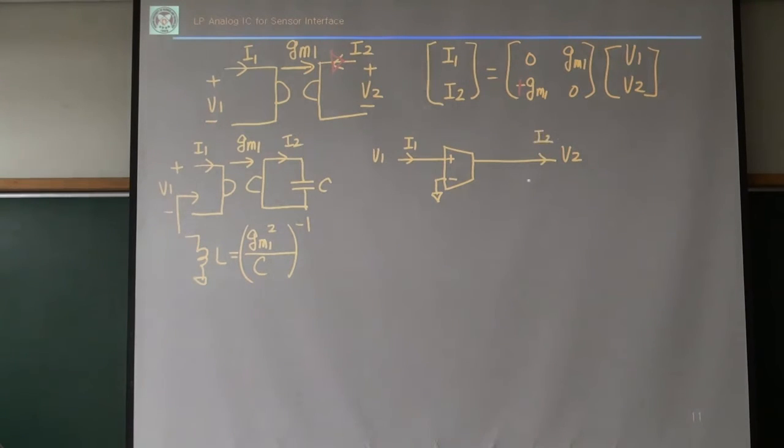This thing is connected to the minus input, right? So this is GM1, the same GM1. Yeah, this is my gyrator, okay?